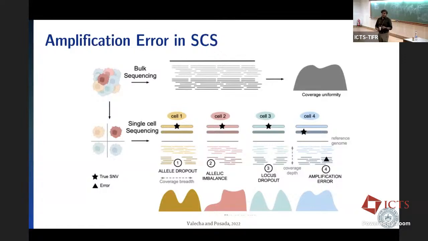Why? Because first of all, in order to separate the clones, what people are using is this signal in the VAF. So they are saying, okay, there are 60% alleles or 60% of the reads that are mutated, and we are going to look at just the VAF, and we are going to cluster the mutations.